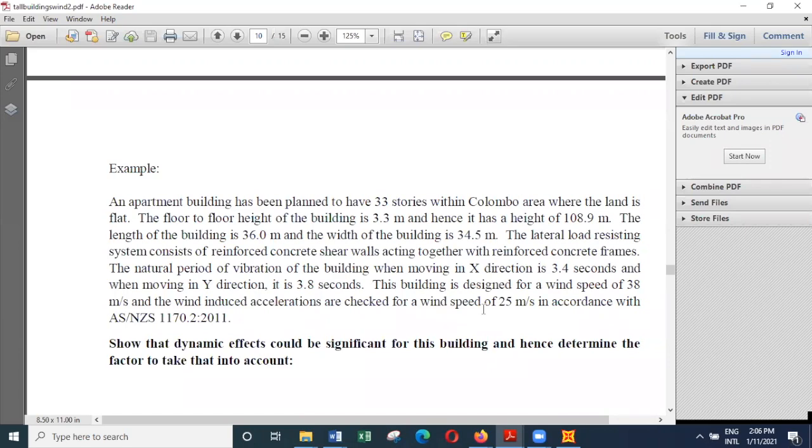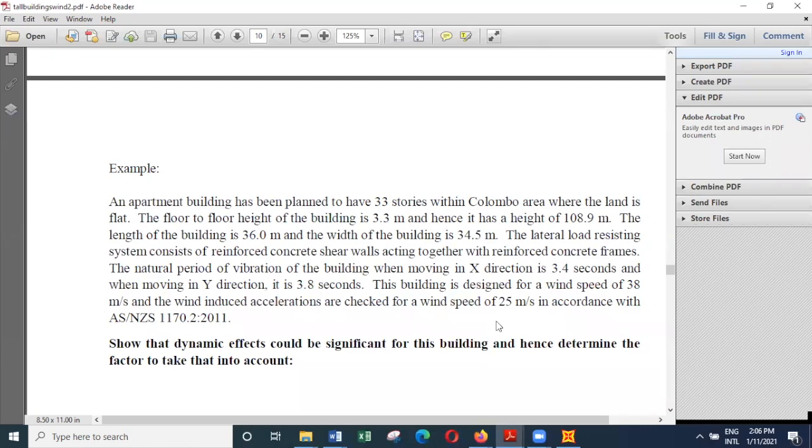So the building is designed for 38 meters per second, but when wind-induced accelerations are checked, it can be checked for a lower wind speed, like 25 meters per second. Can you understand this?